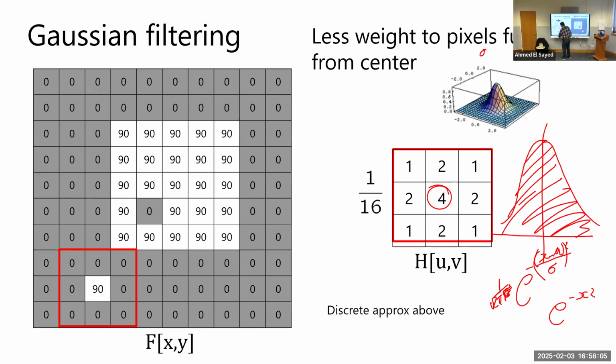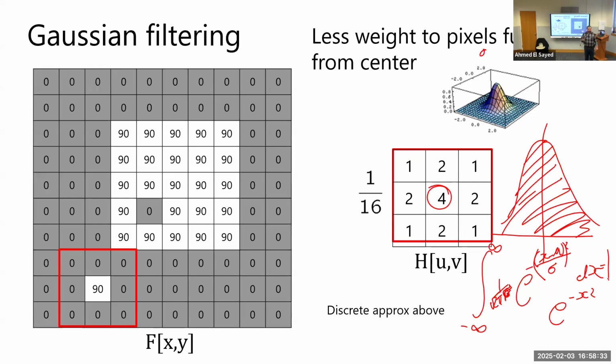Integration. So if you integrate this from minus infinity to infinity with respect to x, the result will be what? One. The area under the curve for the normal distribution is 1.